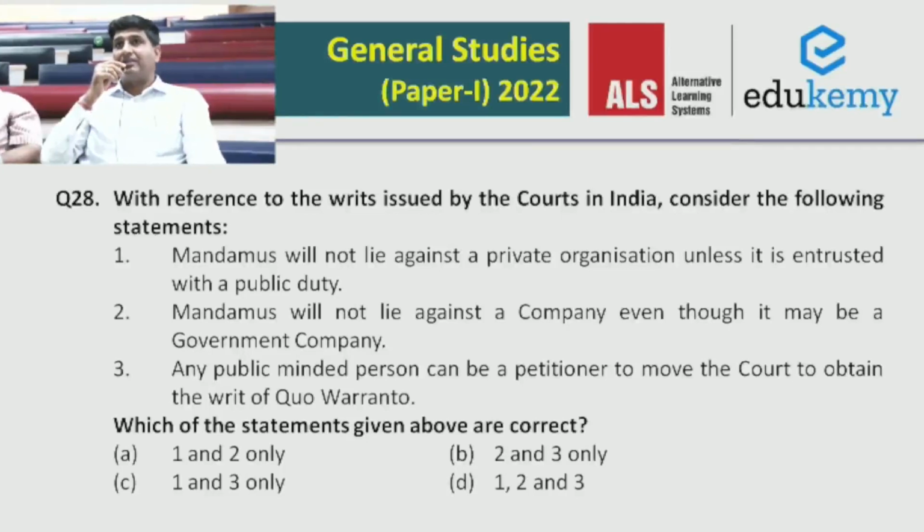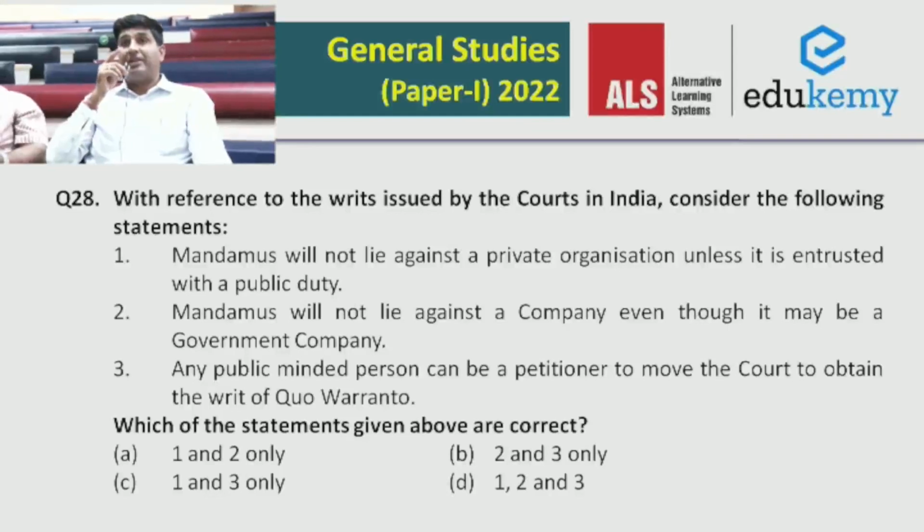This statement is correct because public duty is a mandatory thing for issuing the writ of mandamus. Mandamus means, in Hindi, parmades. You are not doing your duty, so somebody's fundamental rights are being violated. Please do your duty the way you are supposed to do. That is the nature of this writ.